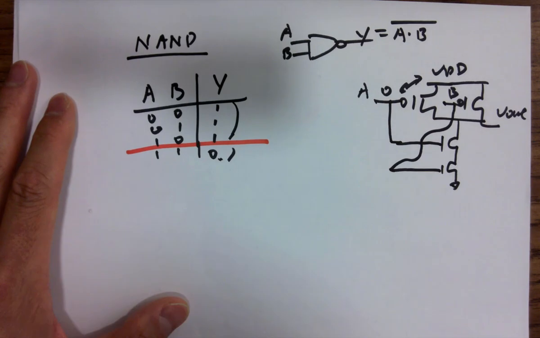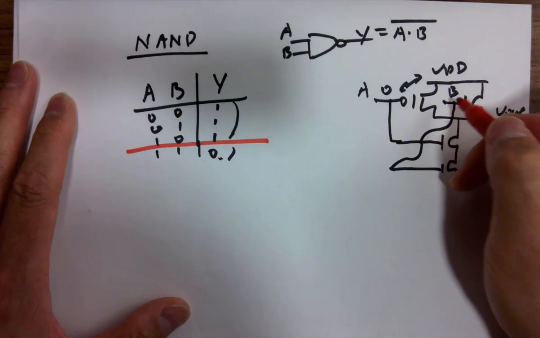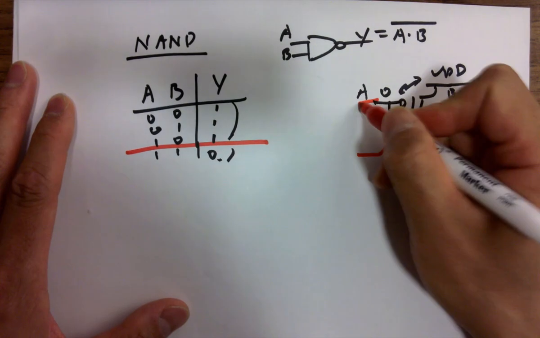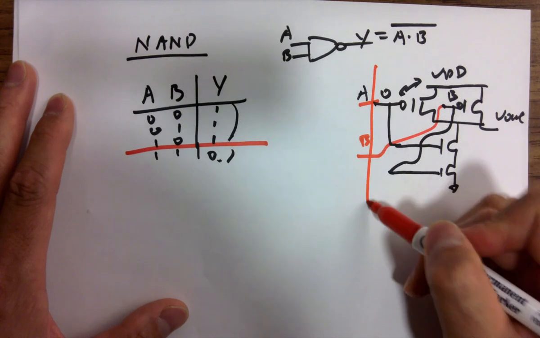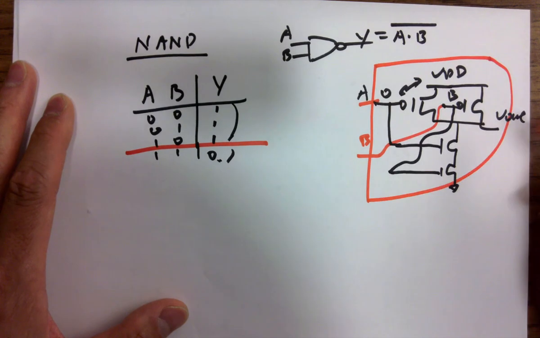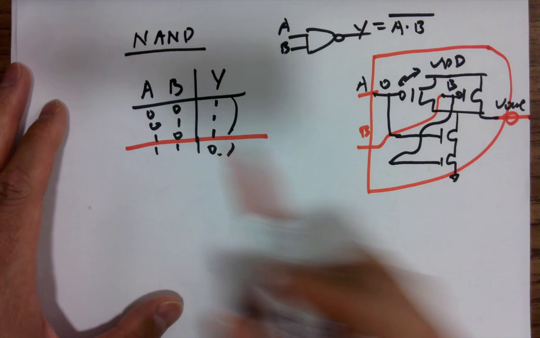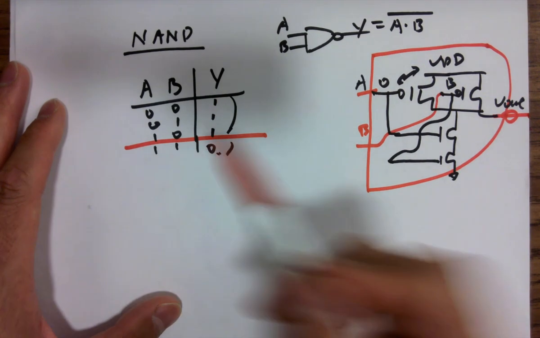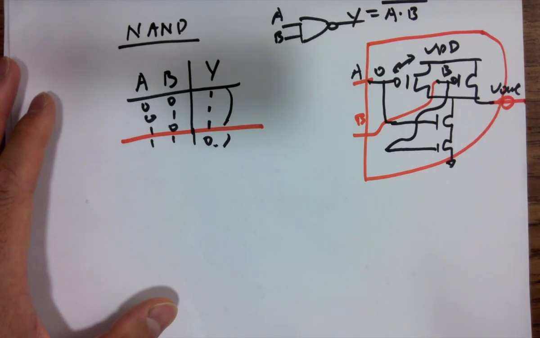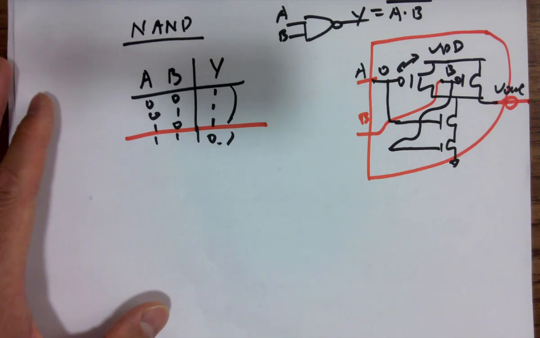Okay, so this will be the A input, B input, and that's the NAND gate. And here's the output with the bubble here, right? So this circuit will implement the logic in the truth table here, and that's why this is the NAND gate. Okay? Any questions on this?